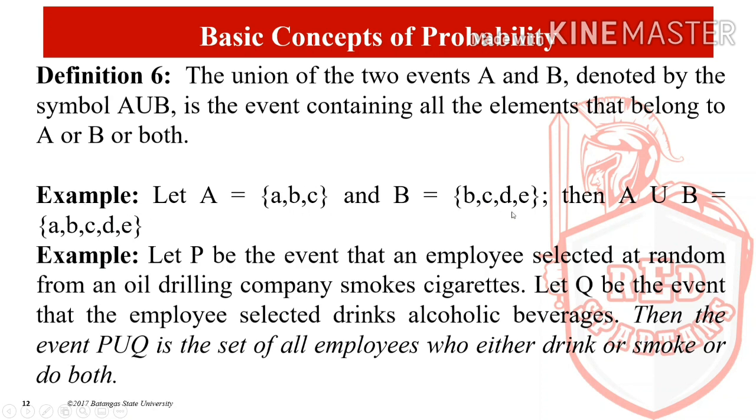Kukunin mo lang lahat yung sample point ni A at sample point ni B. So, A, B, C, D, and E. Hindi mo dodoblehin si B. So, isa pa rin yung count niya as sample point. So, ganun lang yung ating pagkuha ng union.